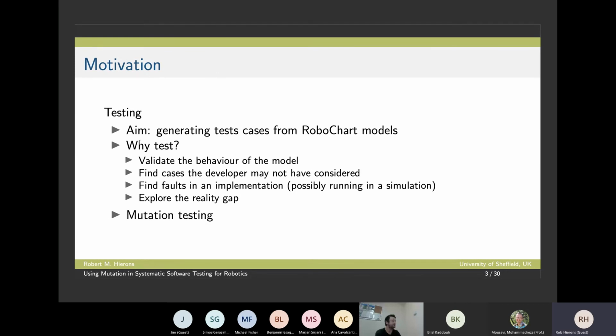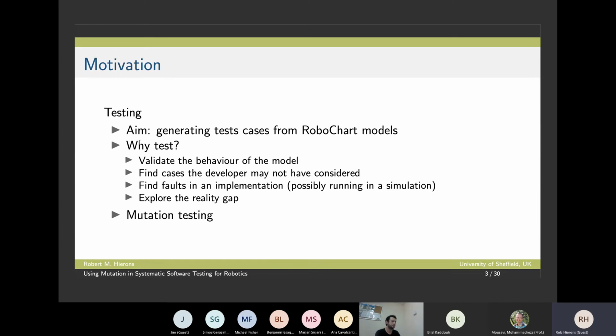So, motivation. The motivation for testing shouldn't be difficult, particularly in an area like robotics. So why would we test a system? Well, we're potentially talking about testing simulation systems and also the implementation of real physical systems. There are a number of potential benefits. Within a simulation, at the first level, we can be exploring the behaviors of a model. We may have produced a model specification, and we simulate that.